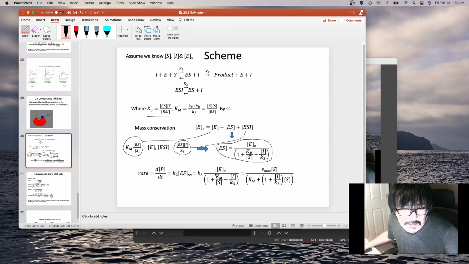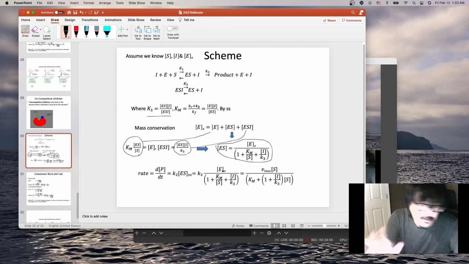And then K3 times E naught, once again, is what you get if all enzymes are attached by the substrate, right? Then that becomes the Vmax. So that's a Vmax right here. And then if I multiply top and bottom by S, I get this thing right here.